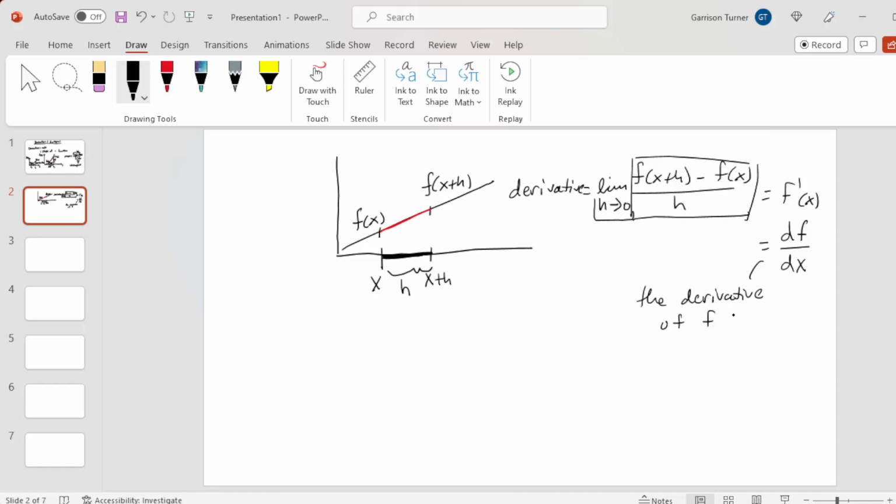And f is our function, remember, and x is our variable. So let's do an example here and see how this actually works.